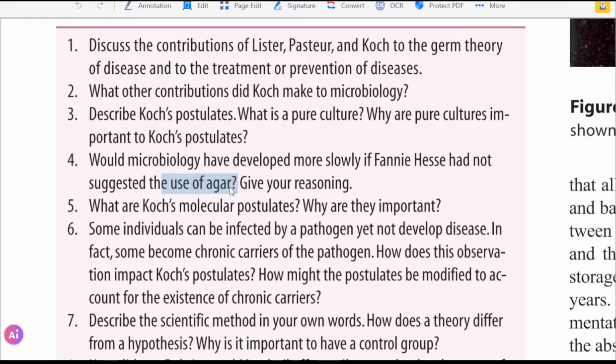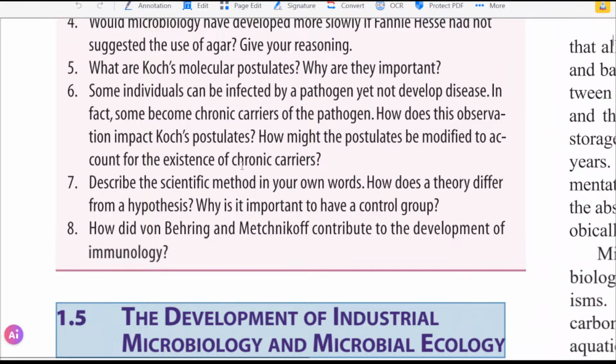There are serums that can work the same way, but serums have such condensed nutrients that I don't think every bacteria can survive in the serum, and it is difficult to handle serum media. So yeah, I think it would have developed more slowly if they hadn't found agar even after Fanny Hesse. The scientists would have come to this conclusion sooner or later.